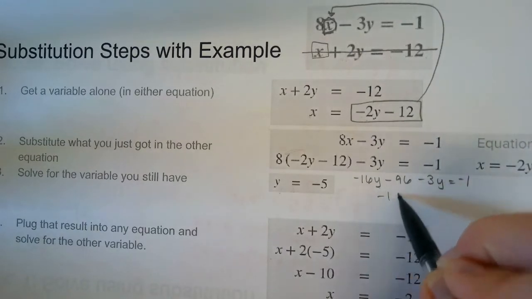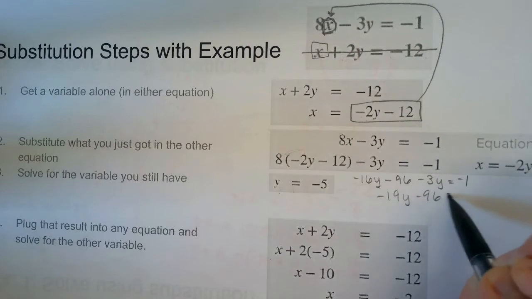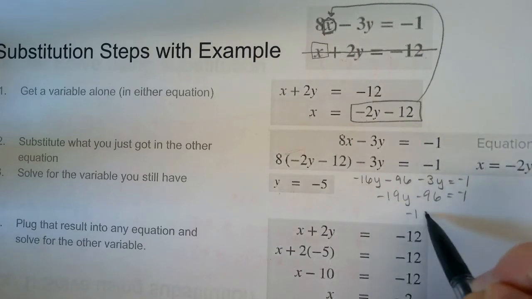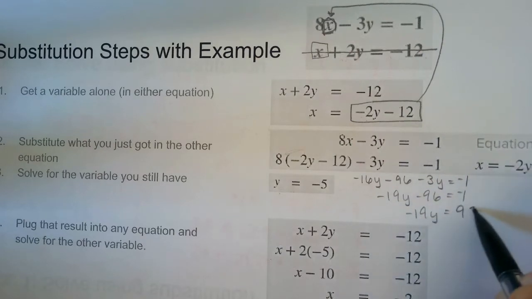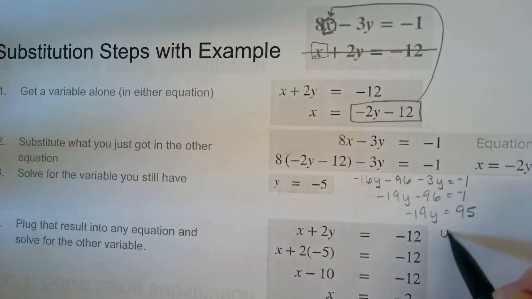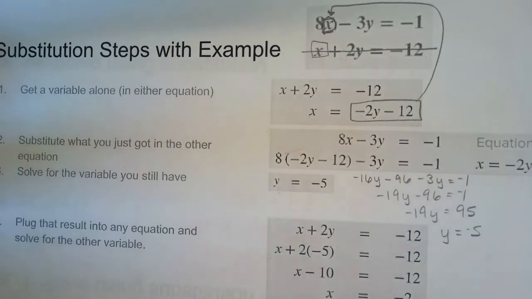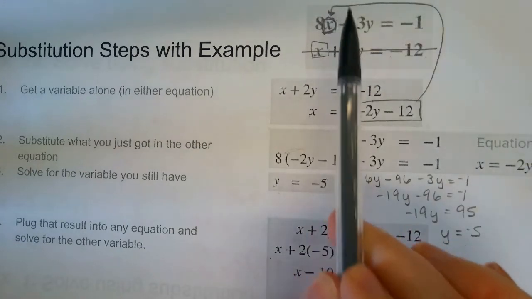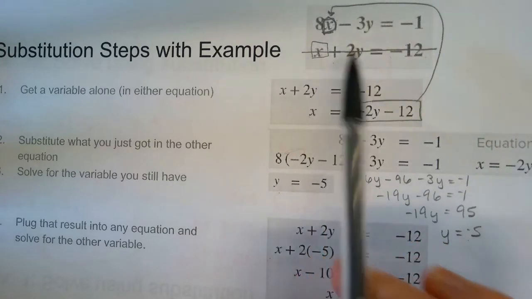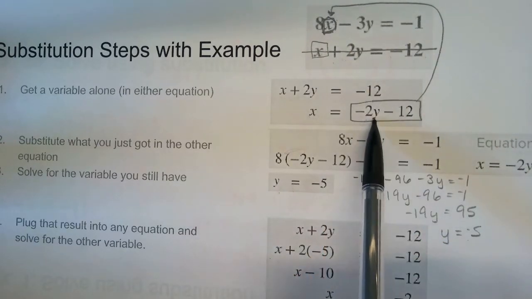And then you would start solving. So I would get negative 19y minus 96 equals negative 1. Then I would add over that 96, so I would get 95. And then I would divide, and I would get negative 5. Once you have that answer, you want to go back and plug it in. You can plug it into either original equation, or you can even go back to the one that you had solved for.